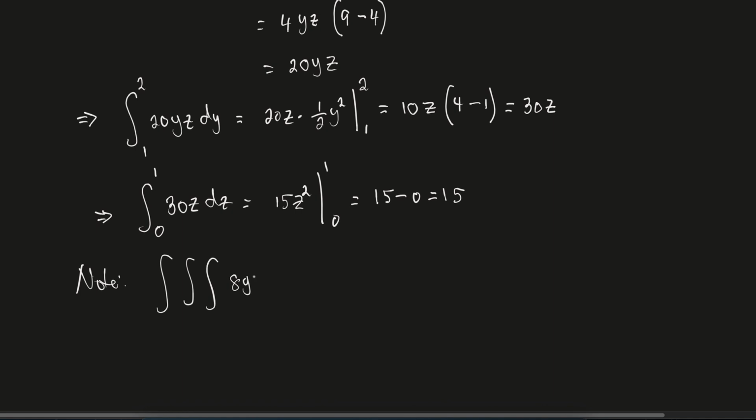So it's x, y, z, and we did dx, dy, dz, and then x goes from 2 to 3, y goes from 1 to 2, and then z goes from 0 to 1.